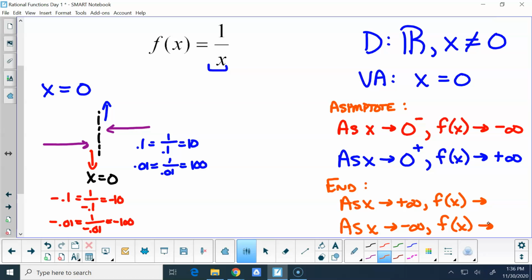Okay. Well, out here at x equals positive infinity, I'd have a really huge number, right? Positive infinity is a really huge number. So I would have 1 over a positive, huge number. What's that going to be?